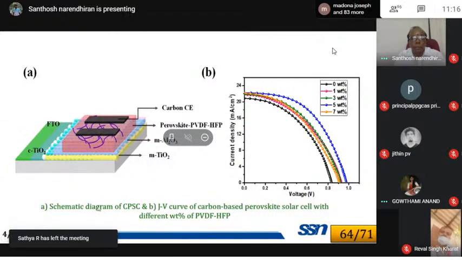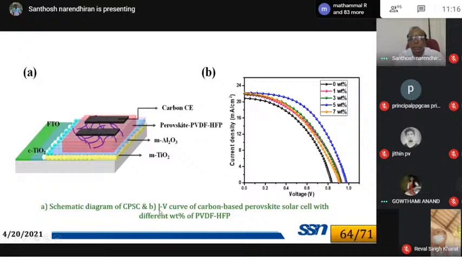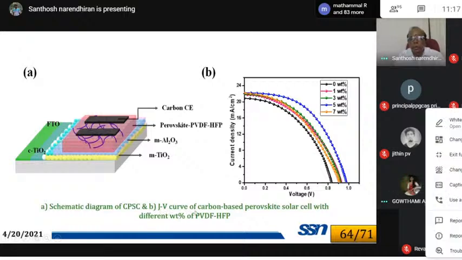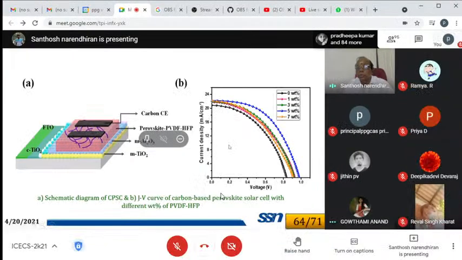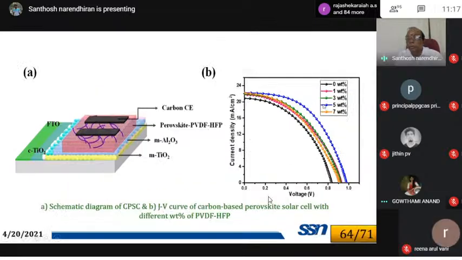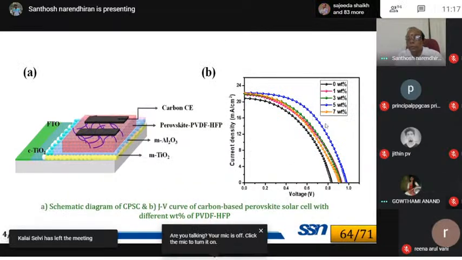Schematic diagram of carbon-based perovskite solar cells. The current voltage curve of carbon-based perovskite solar cells with different weight percentages of PVDF-HFP. So you see here, corresponding to this particular value, the curve is the best.